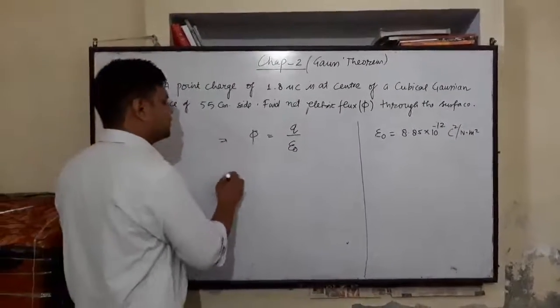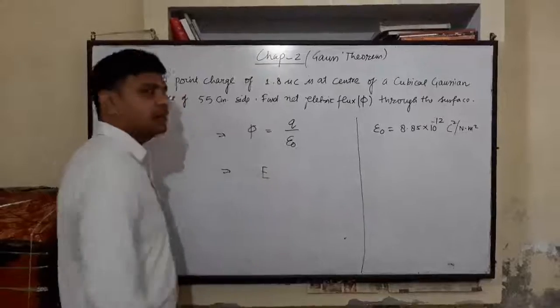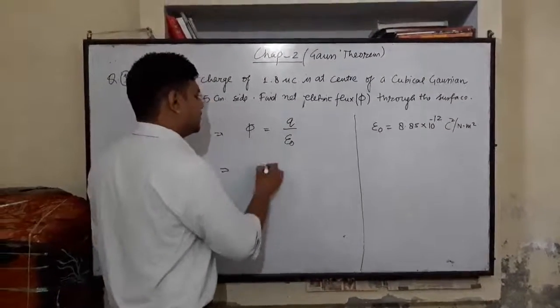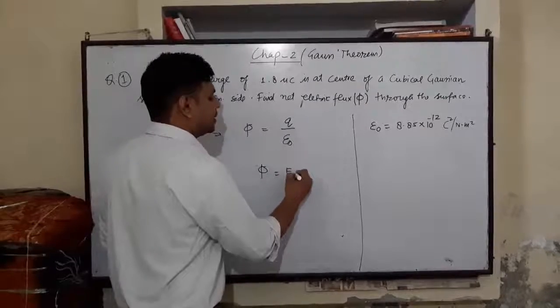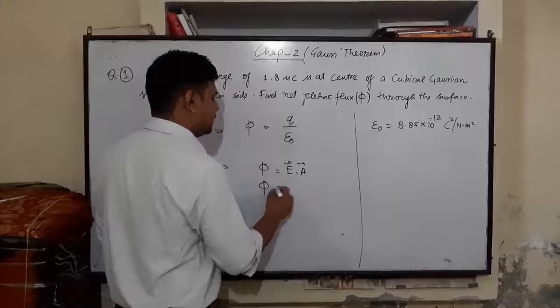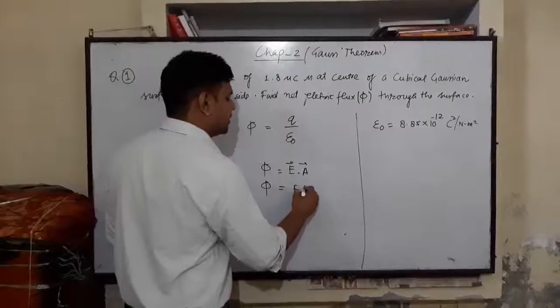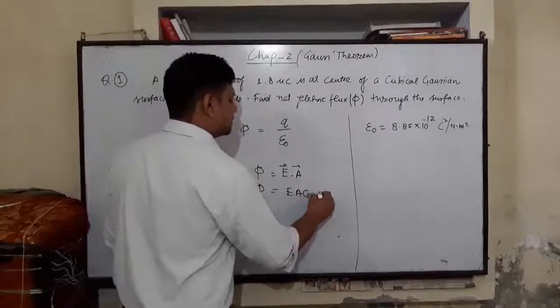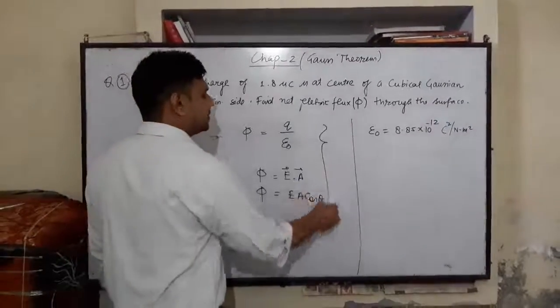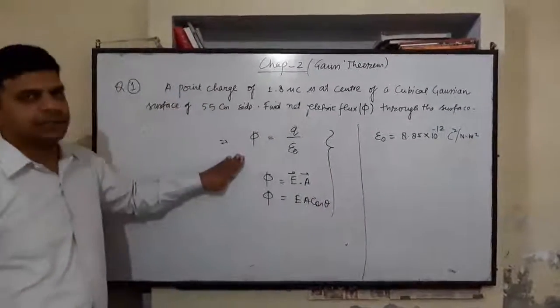And the second formula we will use simply for electric flux: phi is equal to vector E dot vector A, or phi is equal to EA cos theta. These are the two formulas we will use in this exercise.